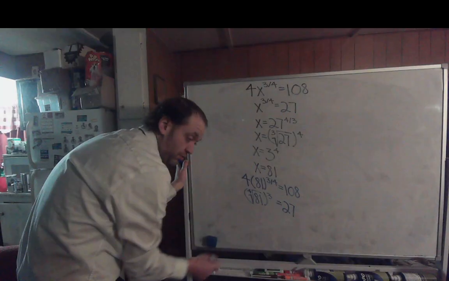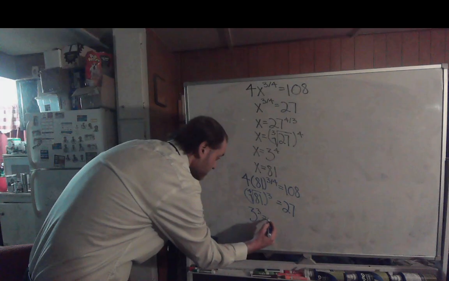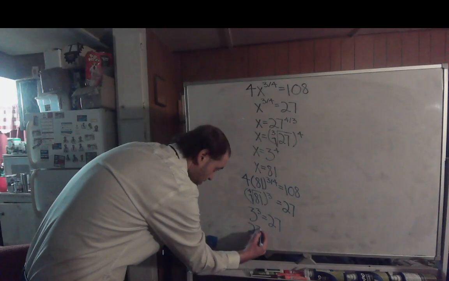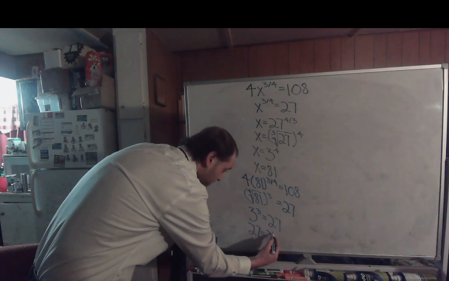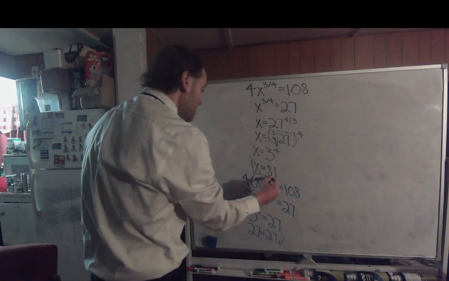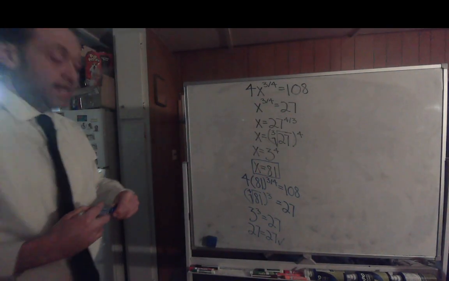What is the 4th root of 81? That's 3, so this would say 3 to the 3rd is equal to 27. Well, 3 to the 3rd is 27. You get 27 equals 27, so this actually holds up. So the value of x that you're looking for is what we got. x equals 81.